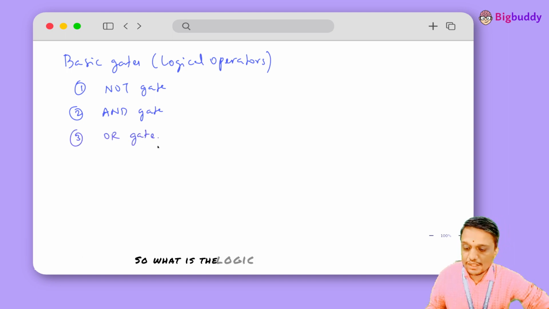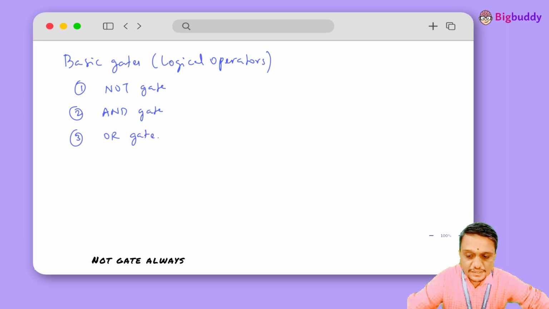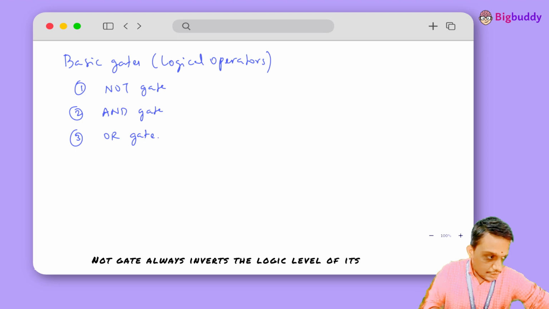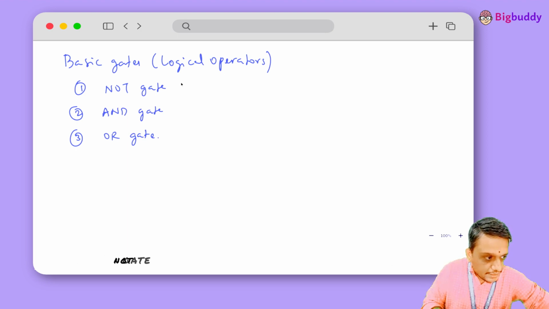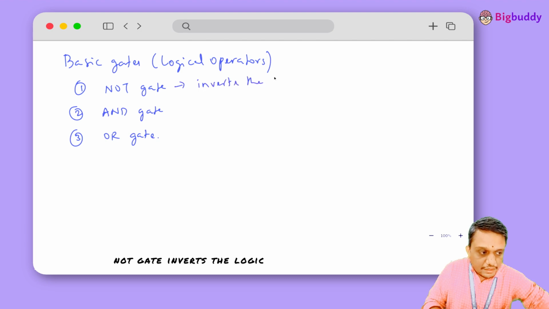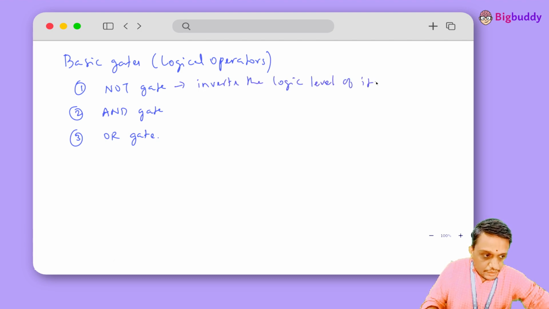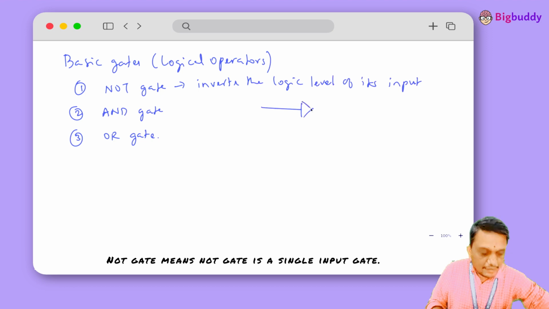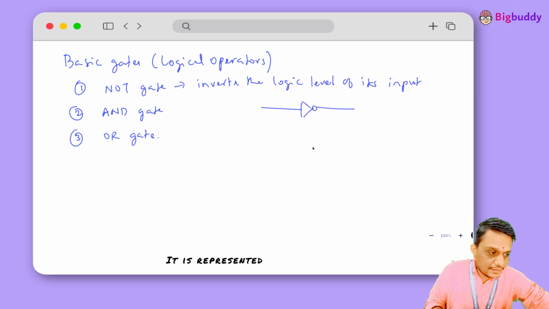So what is the logic of the NOT gate? The NOT gate is called an invert gate. NOT gate always inverts the logic level of its input. NOT gate is a single input gate. It is represented like this.